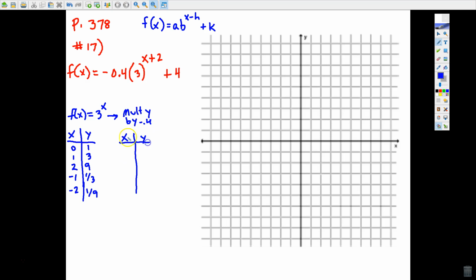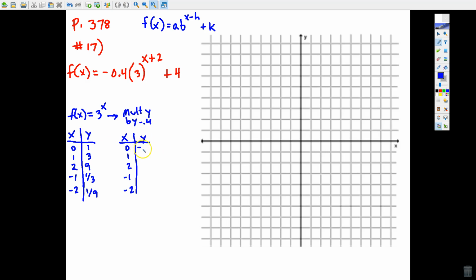At this point I'm not going to do anything to the x's. I'm just going to walk through this one step at a time. I'm going to grab my calculator, and each of these y's from my parent table I multiply by -0.4.